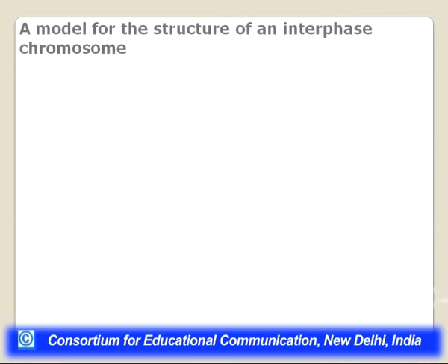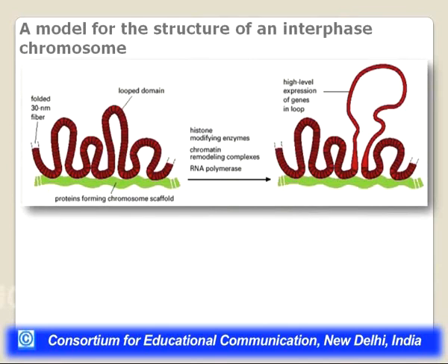So, a model for the structure of an interphase chromosome looks something like this. In an interphase chromosome, you have a 30 nanometer fiber which is thrown into further looped domains, and there is a nuclear scaffold, shown in green, and that is how the DNA is present. When certain histone modifying enzymes or chromatin remodeling complexes act, these loops are unwound, allowing high level expression of genes in the loop.